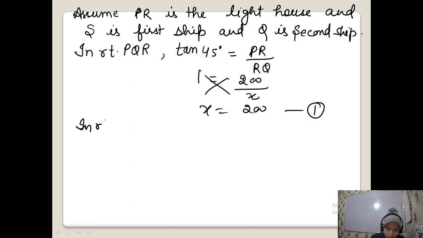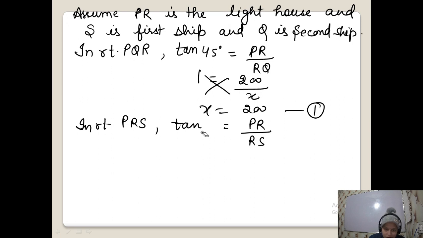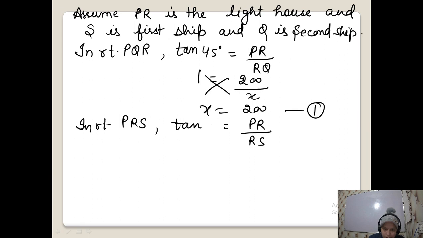In right angle triangle PRS, tan 60 degree. We have to now take tan 60 degree, and tan 60 degree is equal to root 3.